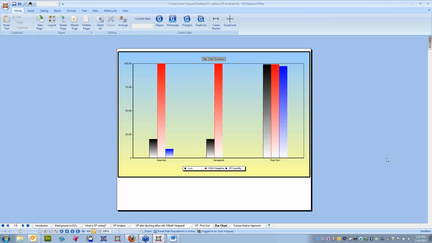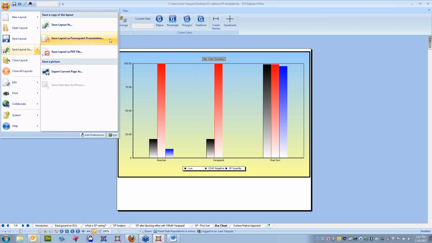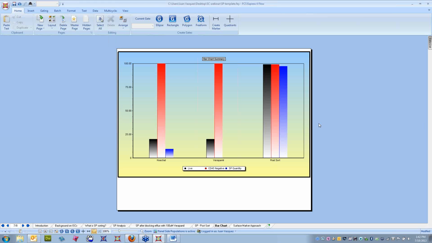So I find this very beneficial for getting this data into a format that's quickly understandable, and it happens seamlessly. As you're moving your gates, these values change automatically. So there's no need to take your data, move it to Excel, and then make these plots. Juan has showed me that we can actually export these into an email or into a PowerPoint. And so that makes communicating these data very straightforward.